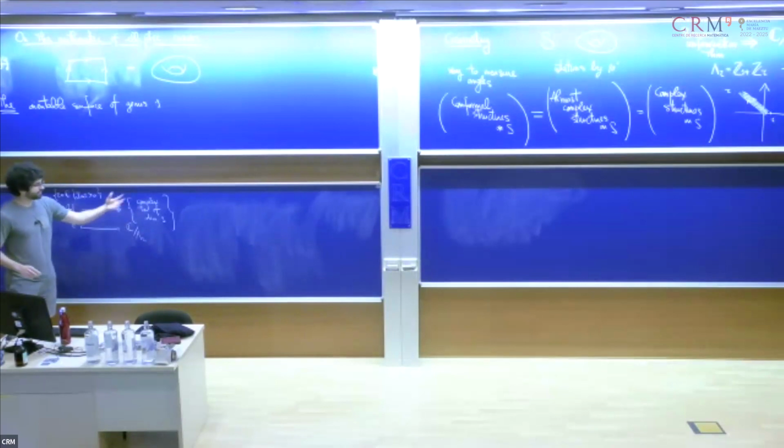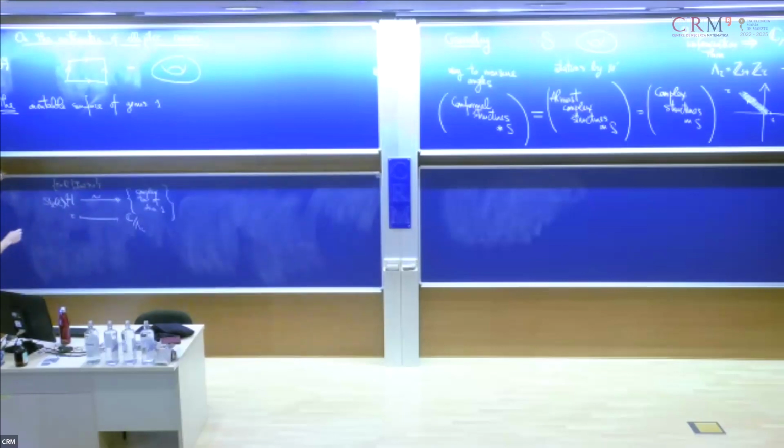But the notion of equivalence in this category is not just any homeomorphism or any diffeomorphism, as in the topological case. We require the maps to be holomorphic or biholomorphic. So we need also to mod out here by the action of a group, SL2Z, which acts by Möbius transformations. All right, so in this way this becomes a bijection.